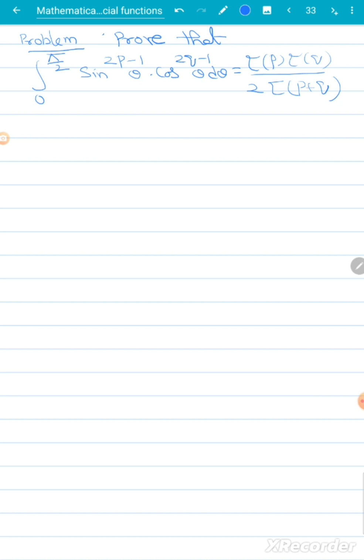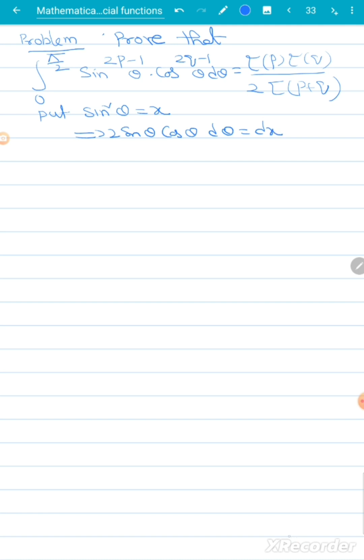Put sine square theta is equal to x. This implies that 2 sine theta cos theta d theta is equal to dx.